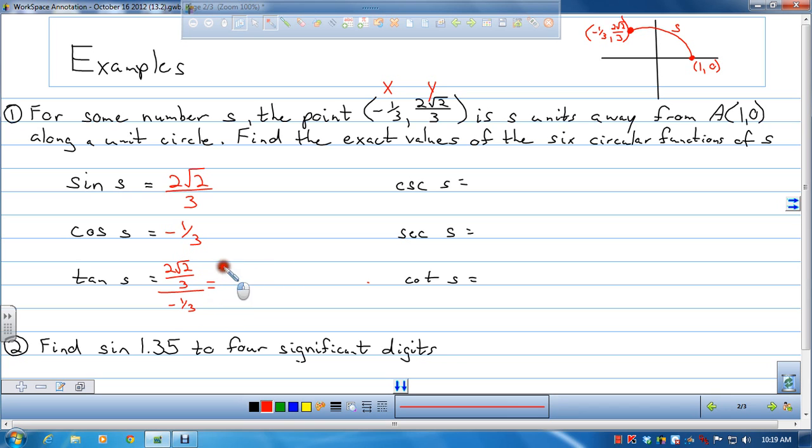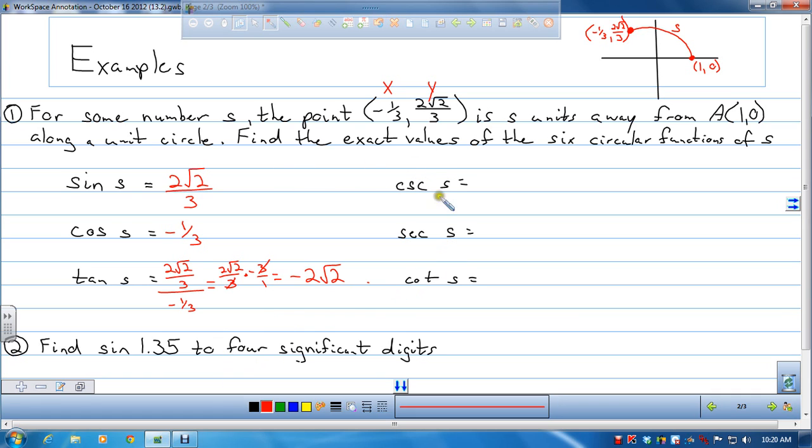So I end up with 2 root 2 over 3 times -3 over 1. And my 3's will simplify, and I will be equal to -2 root 2. That's all I'm left with, because my 3's simplified, right? Okay.